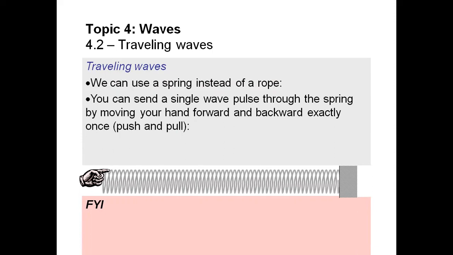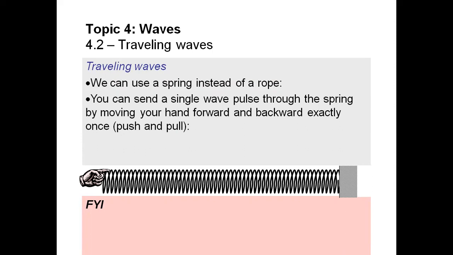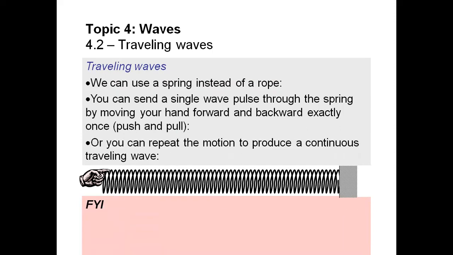Yeah, so we produce a single wave by pushing our hand forward and backward. Or you can repeat the motion to produce a continuous traveling wave. If you keep moving your hand forward and backward, we will produce a continuous traveling wave.